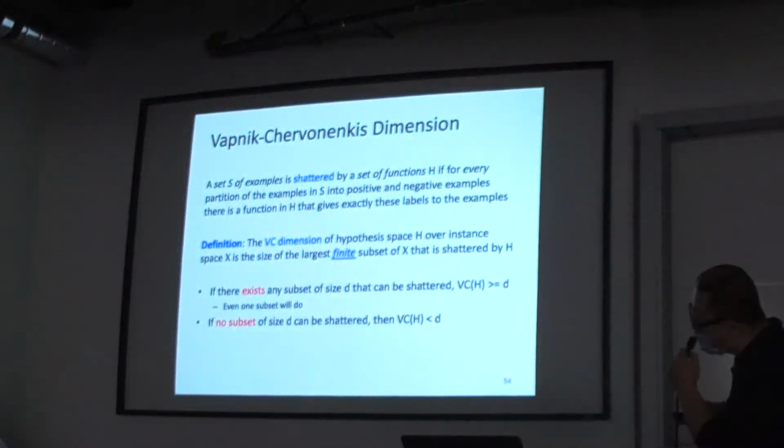And then you need to show that for arbitrary 4 locations, the corresponding points cannot be shattered by H, meaning that your VC dimension must be less than 4. And then the 2 conclusions end up with your VC dimension being exactly 3.